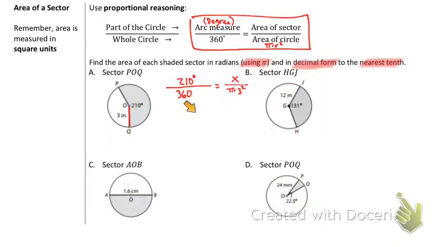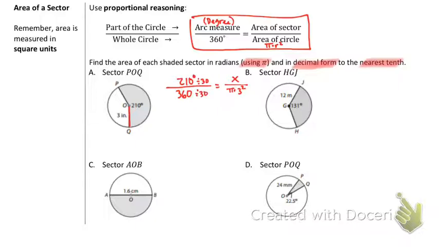All right, so let's work this out. First thing I want to try to do is see if I can reduce this, 210 and 360. So to reduce, we find the biggest number that divides the top and the bottom, and that number is going to be 30. 30 can divide the top and the bottom evenly.